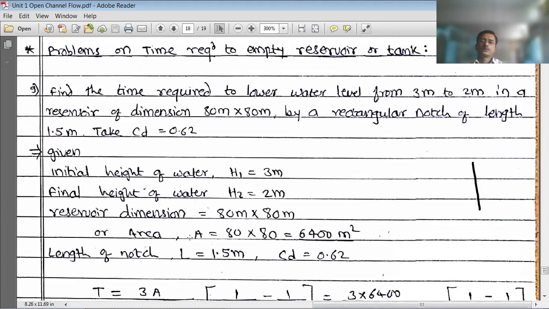Find the time required to lower the water level from 3 meter to 2 meter in a reservoir of dimension 80 meter by 80 meter, by a rectangular notch of length 1.5 meter. Take Cd is equal to 0.62.